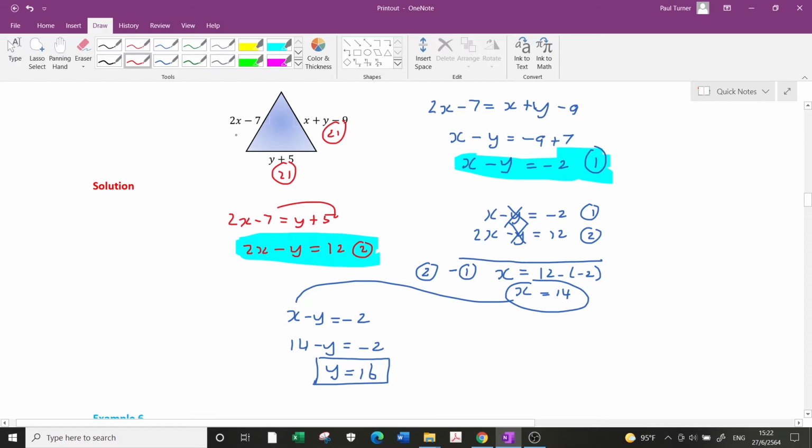And 2 times 14 minus 7, 28 minus 7, that's also 21. So it looks like we did it correctly because we got the same numbers on each side. So the length of the side is 21 centimeters. And that's your answer there.